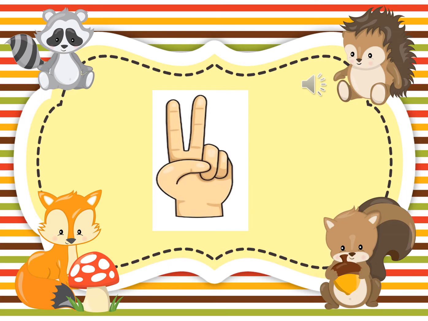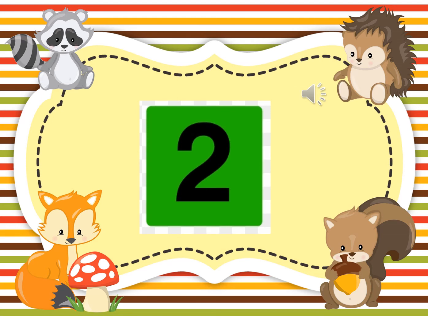I wonder how many fingers you can see in this picture. Now remember, you are not supposed to count the fingers. Now, let's see if you are right. Amazing! You are right. There are 2 fingers.